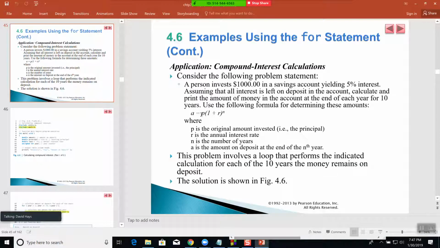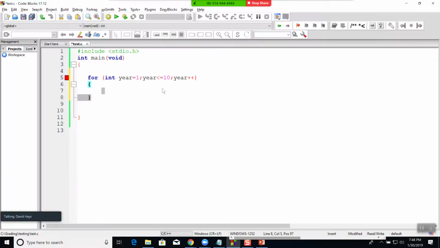Now, we need to ask the user for P for principal and R for rate. We forgot to change the x to years. It'd still be right. Yeah, they give n as a number of years, don't they?